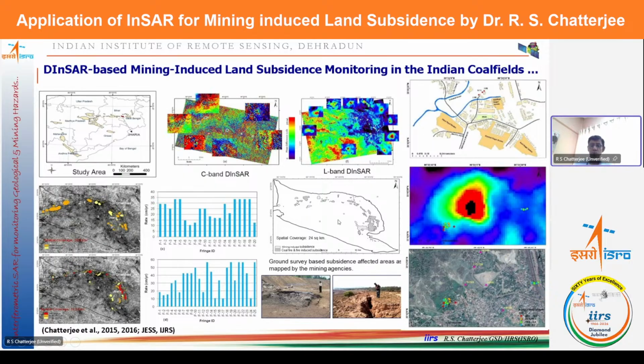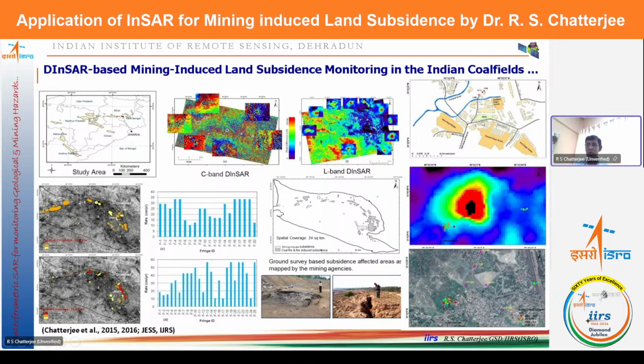Now ground-based surveying techniques are used, by precision leveling and by total station survey. The areas which are subsiding are surveyed by the mining agencies, and we could prepare this kind of map after compiling all this information from the mining agencies, and then we compared and validated.